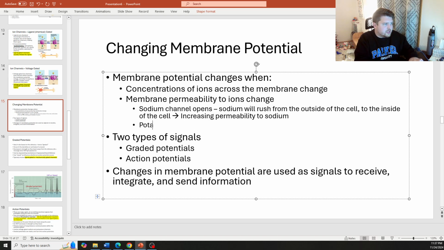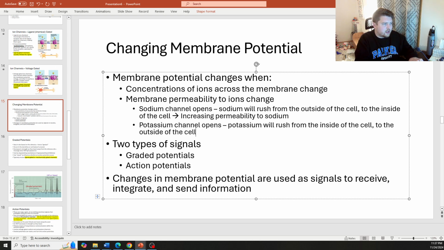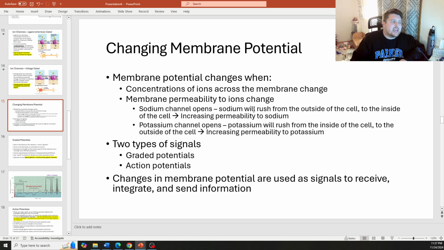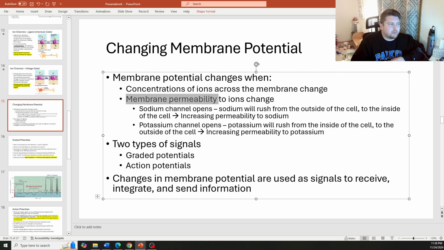We can also say if a potassium channel opens, potassium will rush from the inside of the cell to the outside of the cell. This would also be called increasing permeability to potassium. It doesn't necessarily matter which direction the ion is flowing. It just matters how easily and how quickly it can get across the membrane. That's what we're talking about when we talk about membrane permeability.